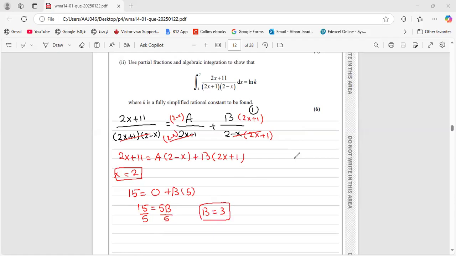Okay? And by substituting x equals the other root, from 2x plus 1, which is negative half: to substitute x equals negative half, b will be 0.